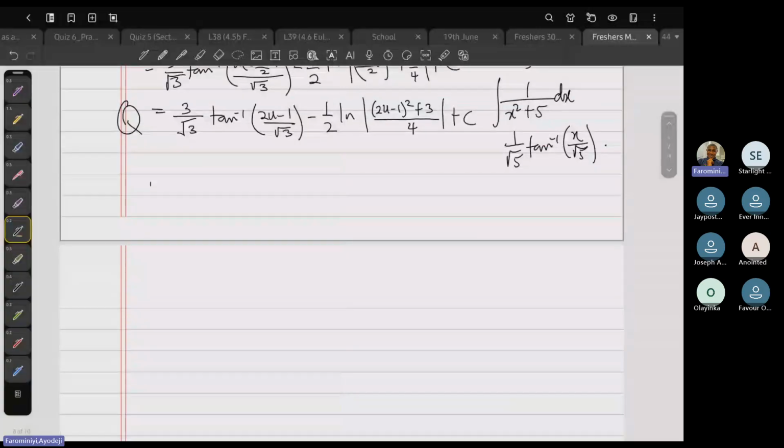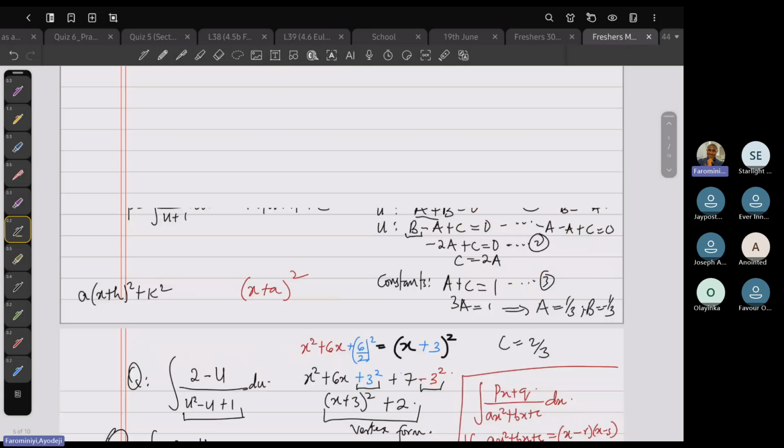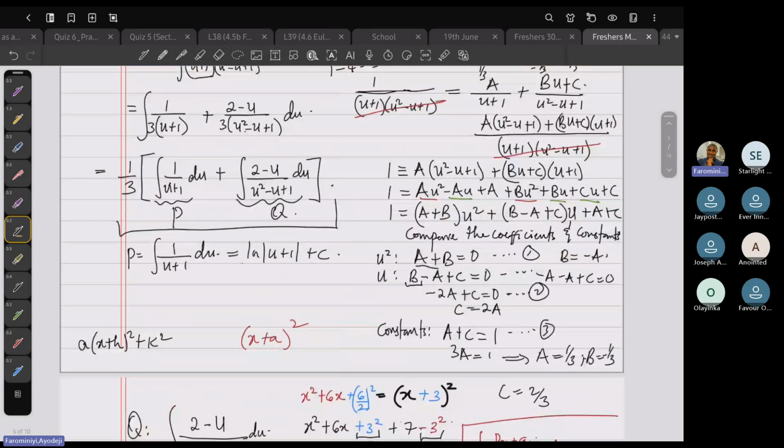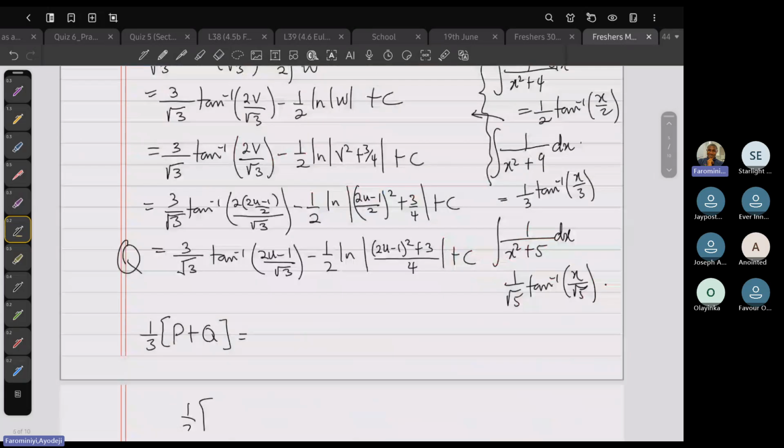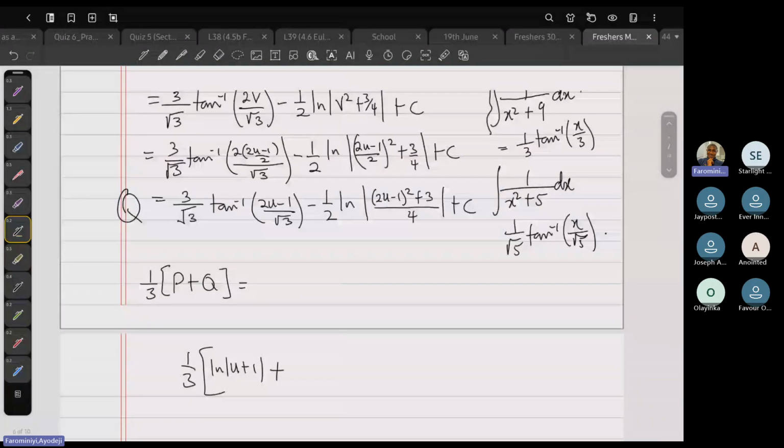So 1 over 3 P plus Q should be 1 over 3. Where is P? P is this guy, natural log of U plus 1, plus what is Q? This guy.